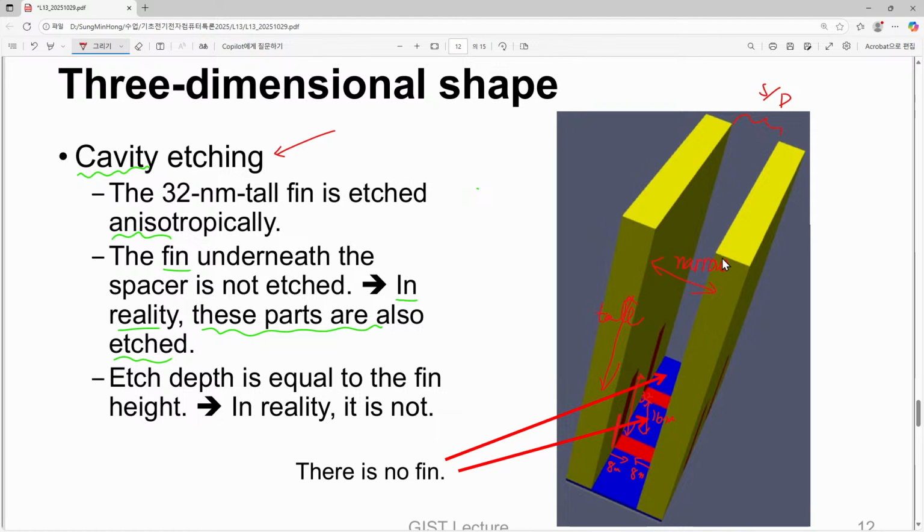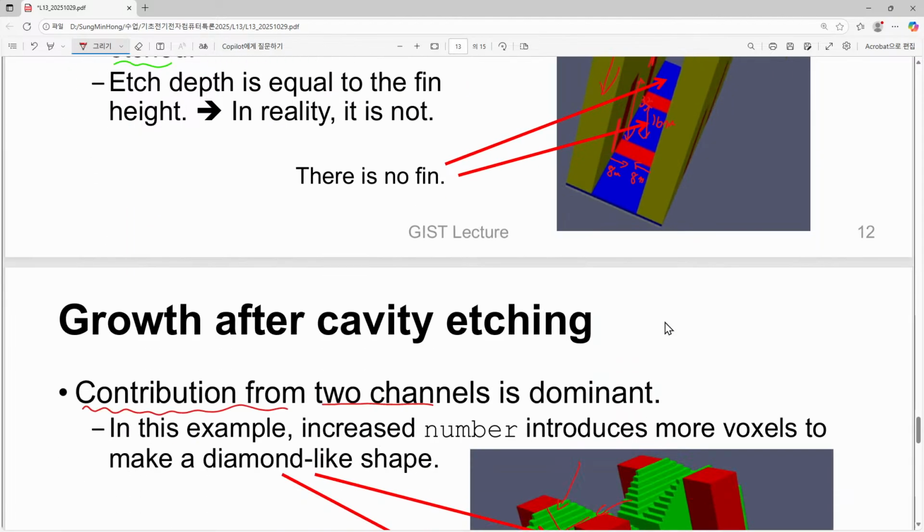So the contribution from the bottom is not that important, and growth from the spacer part is quite important.